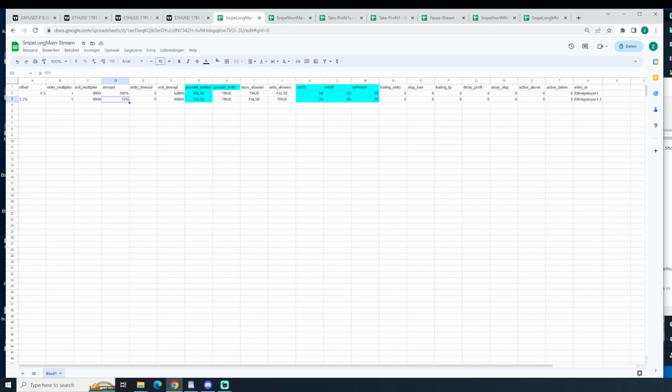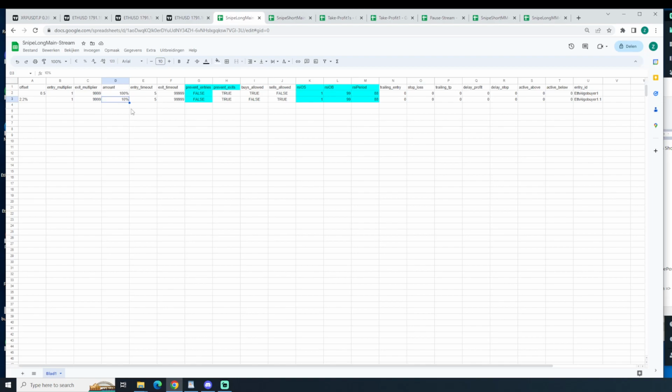We have a small entry timeout. We set the prevent exits again, the same thing as here. We're making the exit impossible, because if we sold 100% of our equity, so we're in a 1x short and we're taking some profit, we do not want to close whatever profit we've taken.